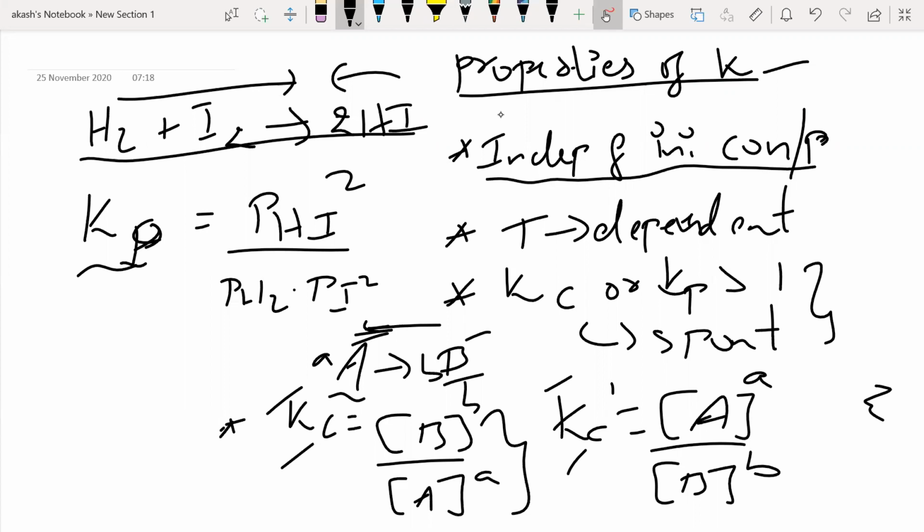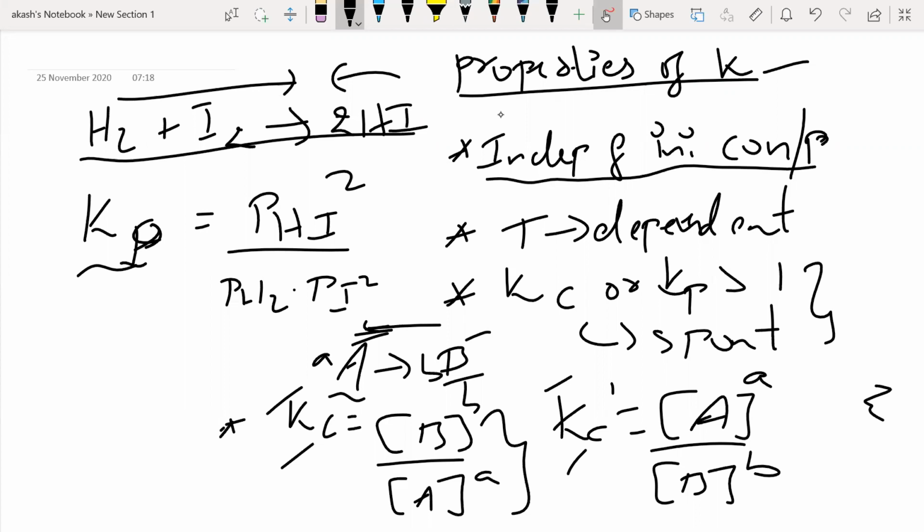So that's the point. If you know the equilibrium constant for the forward reaction, the backward reaction's equilibrium constant is also known. It will be the reciprocal of the forward constant.